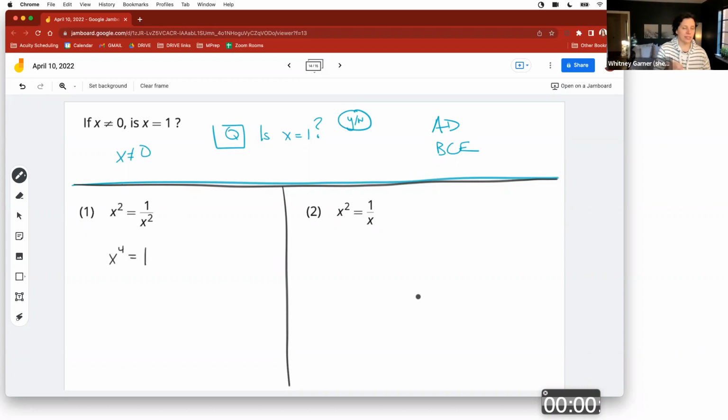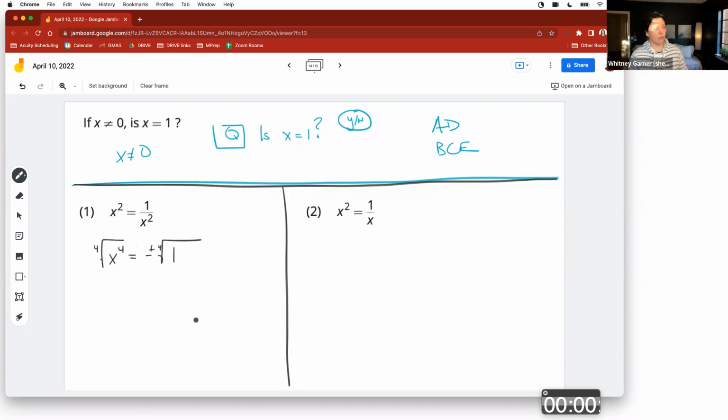Now, anything raised to an even power, 2, 4, 6, 8, and so on, is going to be positive. And so if I see x to the 4th equals 1, in order to solve that, I'm going to take a 4th root in this case, which is kind of crazy. But I'll take a 4th root. And because it's an even power that I'm including, I need to put a plus or minus with that root.